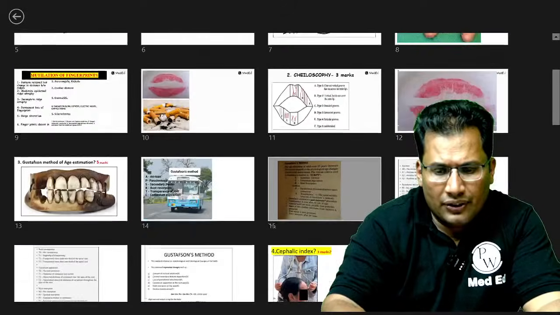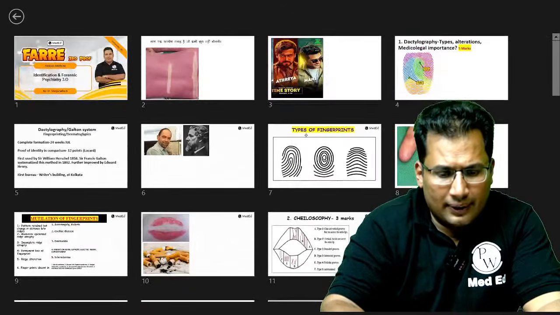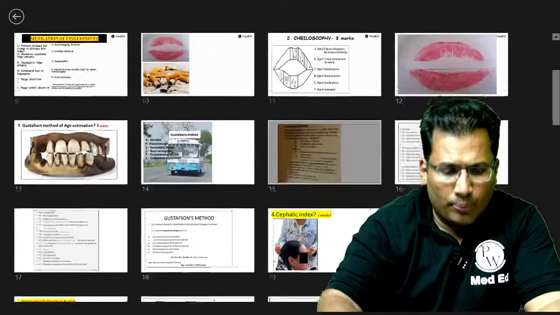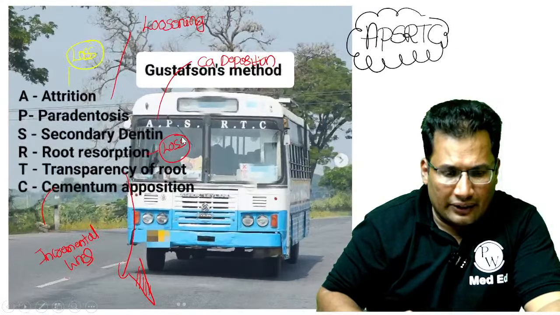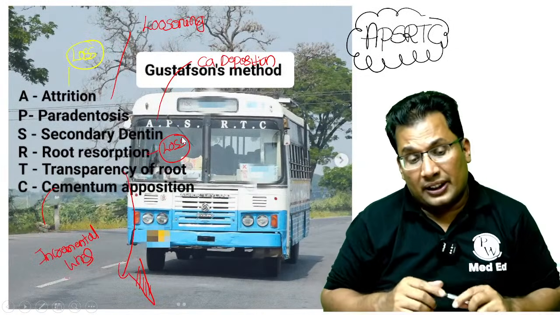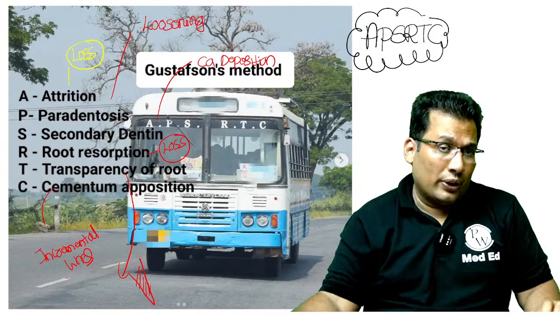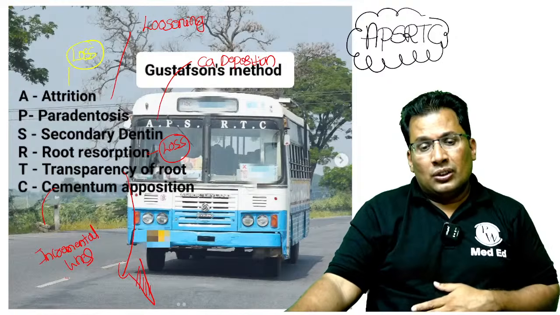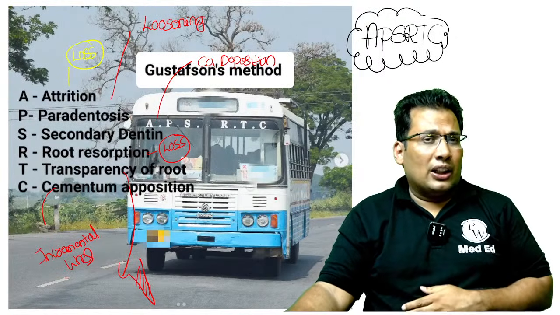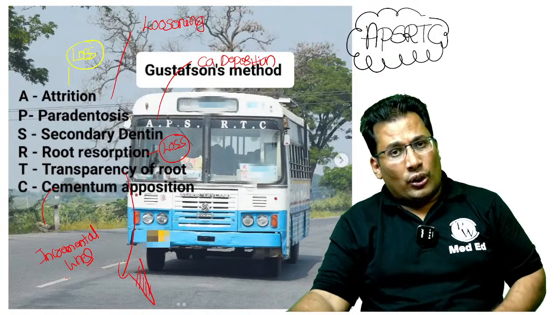Try to memorize all these important topics, very commonly asked, especially the Gustafsson method. Also mention your feedback about today's class. So we'll come up with some more important long essays, short essays, and short answers.